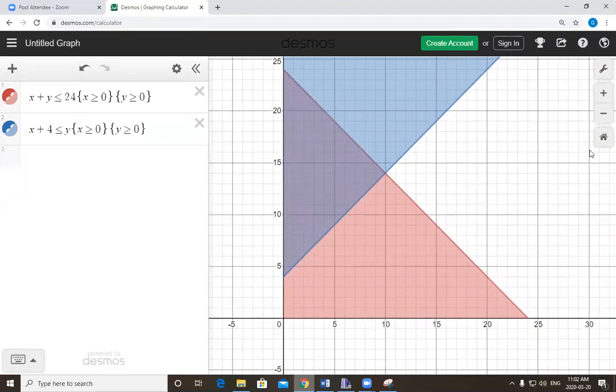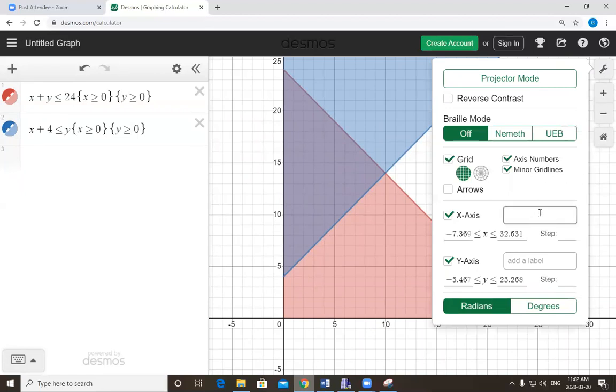So if we want to be a bit more fancy here, we can go to graph settings and we can label our x-axis. X represents the number of aluminum boats produced daily, and Y is the number of fiberglass boats produced daily.